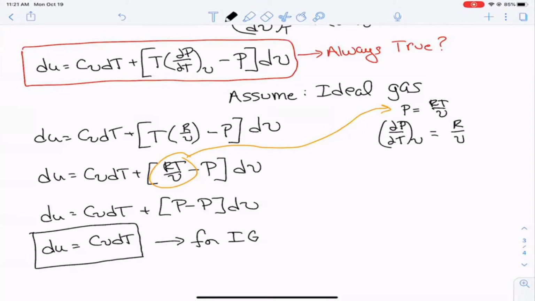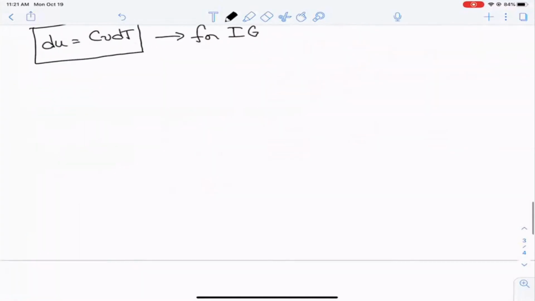And so we've used dU equals C_V dT, or delta U is the integral of C_V dT, this entire semester. This is the math behind why we did that. Before I move on, would anybody like to ask a question about what we did? No? Okay.